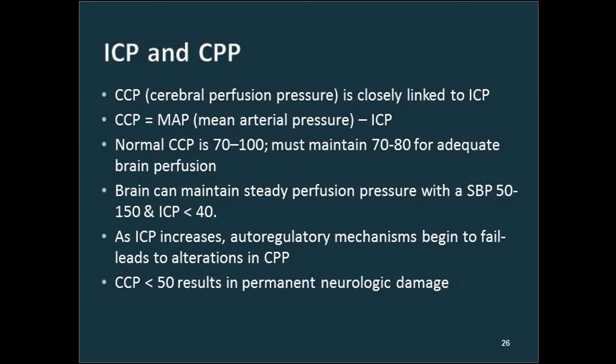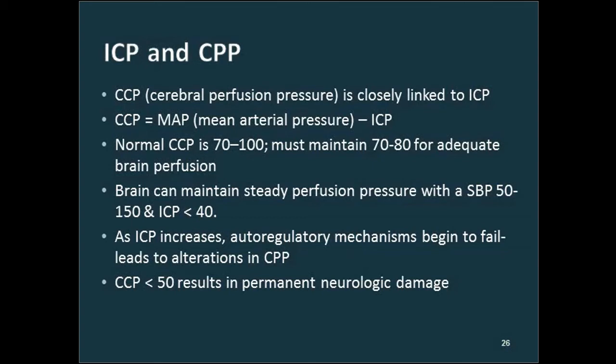I just want you to know that normal cerebral perfusion pressure is 70 to 100, and that you've got to have at least 70 to 80 to have adequate brain perfusion. Okay? The brain can maintain a very steady state with pressures between 50 to 150 as long as the ICP is less than 40.